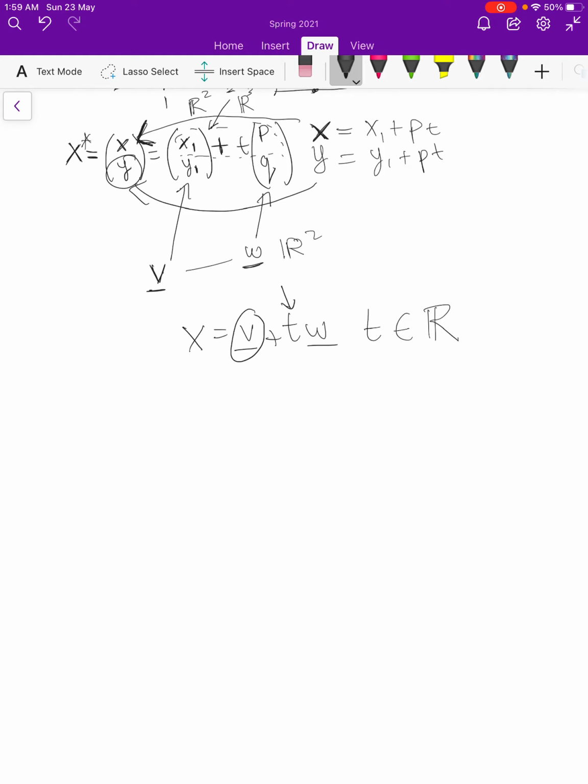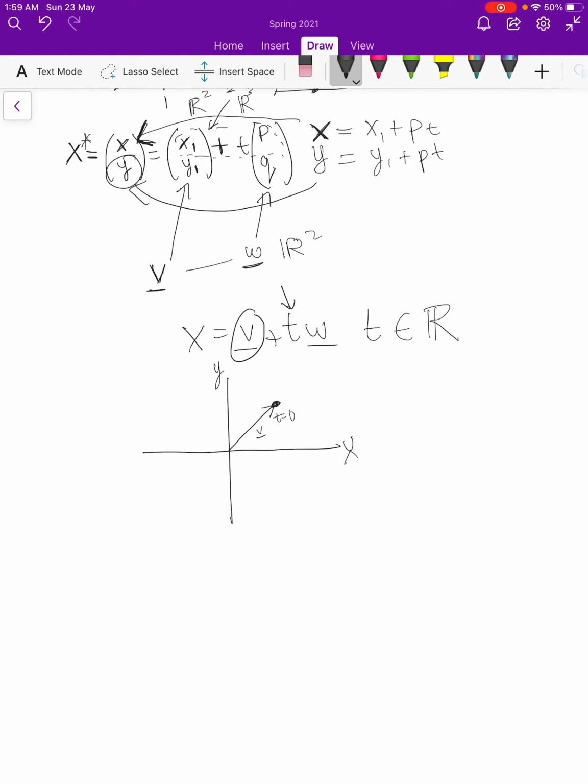So we've defined a start for this line. So let me show you. If we have an x-axis and y-axis, our vector v, say our vector v is here, it defines the starting point of the line, so when t equals 0.